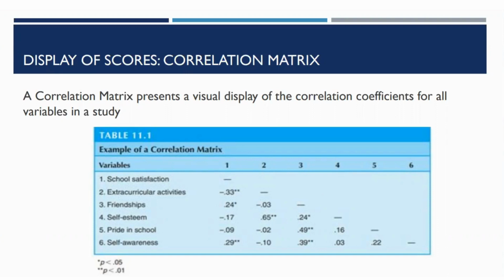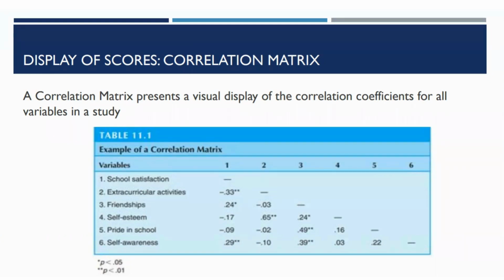Notice that all the 6 variables are listed in both the horizontal rows and vertical columns. To simplify the table, the authors assigned numbers to the variables and included only the numbers in the column heading. Coefficients ranging between negative 0.33 and positive 0.65 are reported in cells in the table.